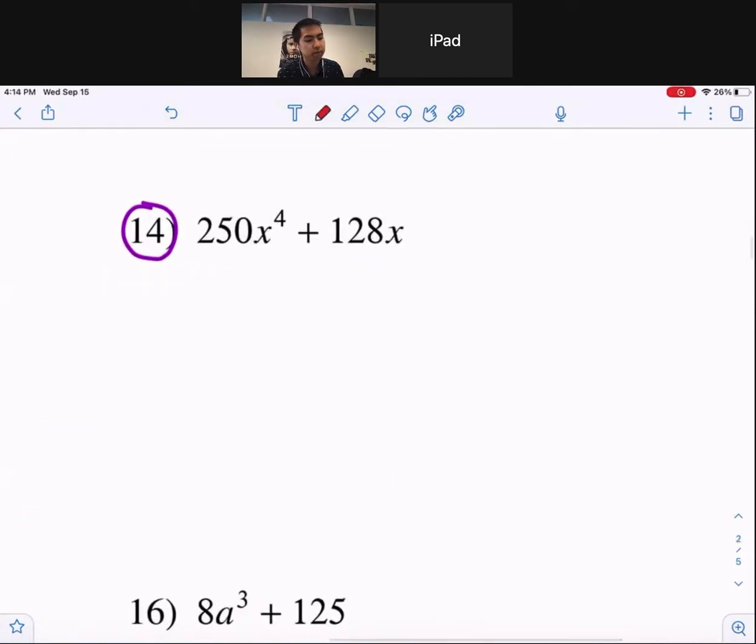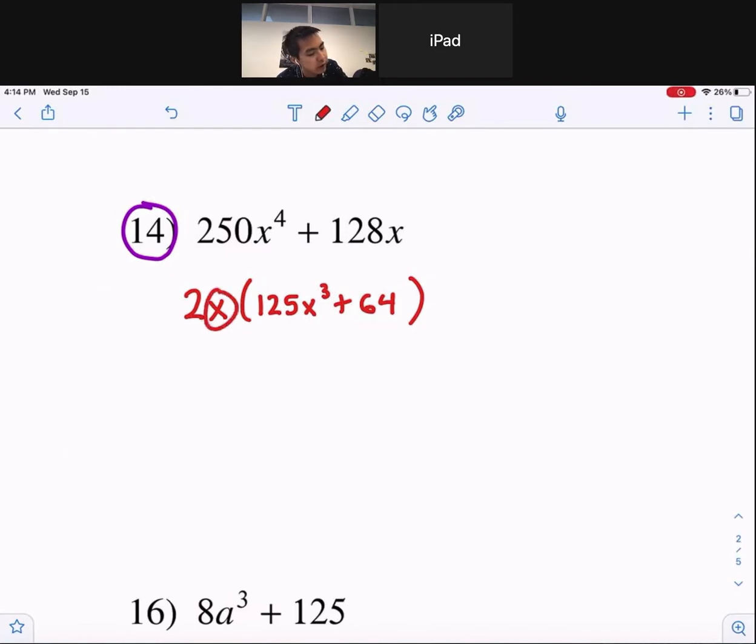Number 14. Now 250 and 128 are not perfect cubes. A number that can go into both 250 and 128 is 2. Also, you can take away an x from each term. So we're going to have 125x to the third plus 64. 250 divided by 2 is 125. 128 divided by 2 is 64.